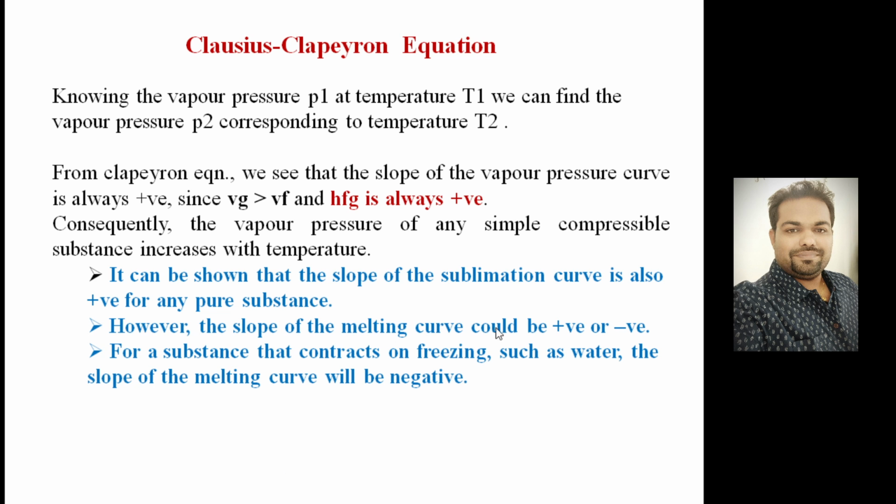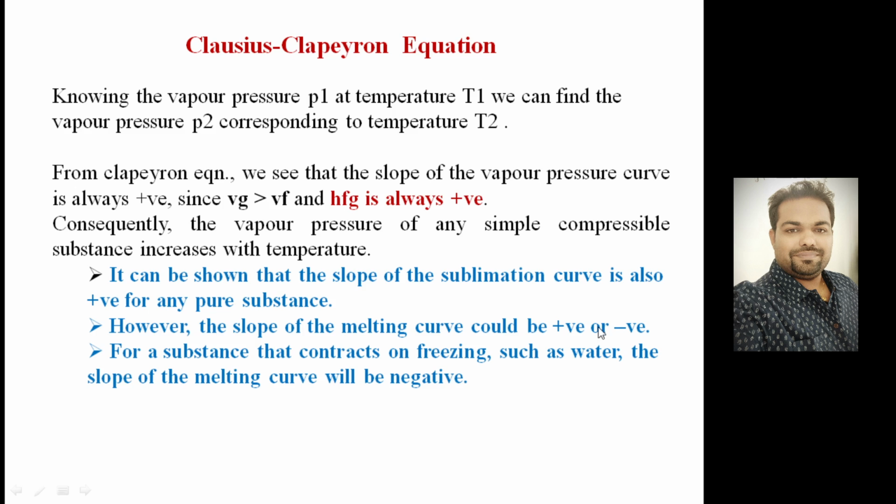But the slope of the melting curve may be positive or negative. In the case of water especially, it will be negative, since water contracts on freezing. So this is basically regarding the Clausius-Clapeyron equation. These are the three important outcomes you can write about the phase change process using the Clausius-Clapeyron equation.